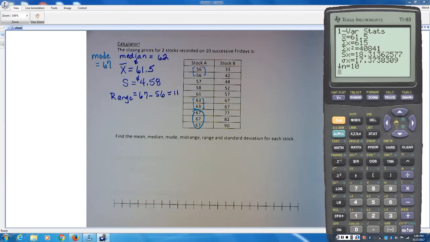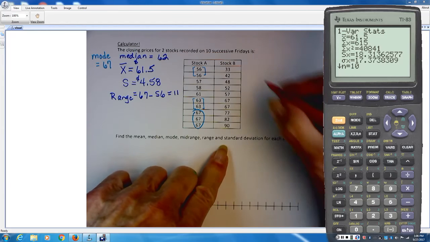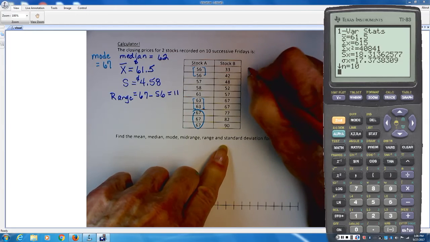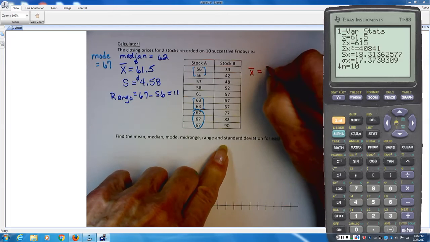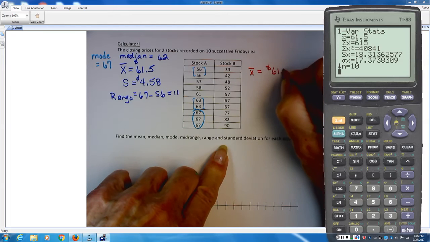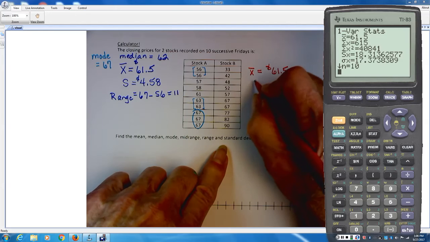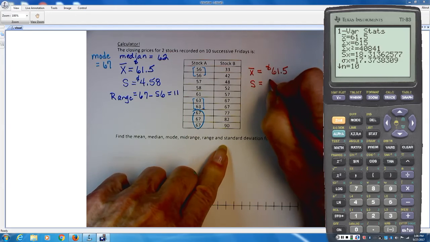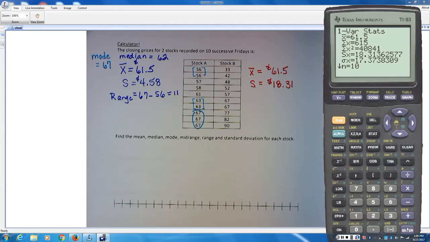So in list 2, or stock B, the mean is again 61.5. But this stock's standard deviation is 18.31. In other words, $18.31.